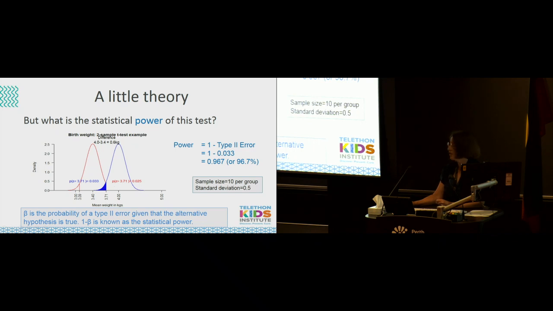So we fail to reject the null hypothesis when there truly is a difference. So the power refers to this white area all over here. So when you hear things like there's 80% power, there's 90% power, what it's saying is that you detected a difference and you correctly accepted that there was a difference.